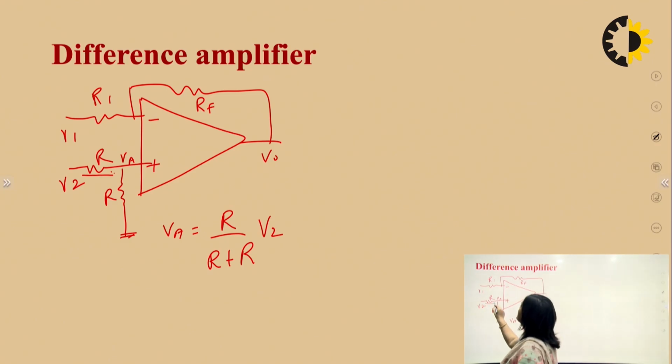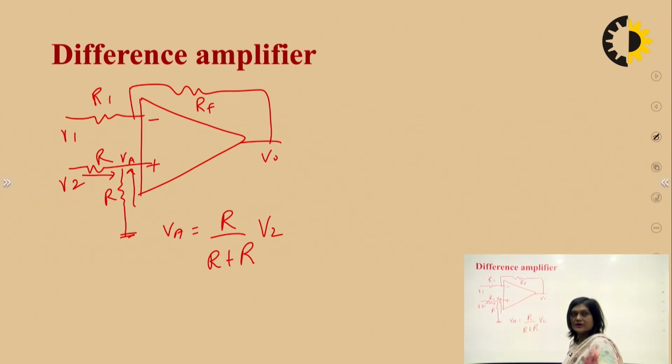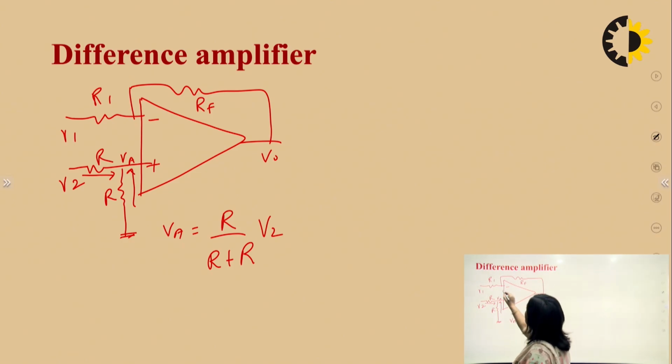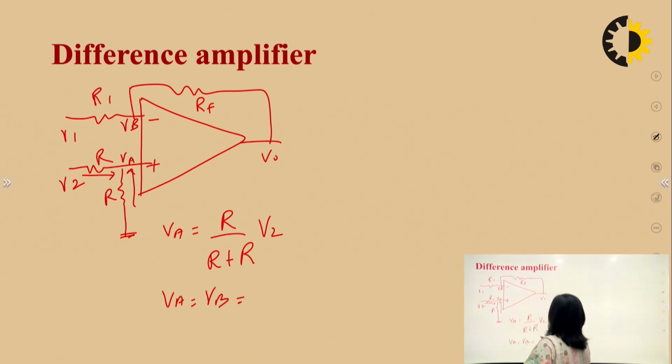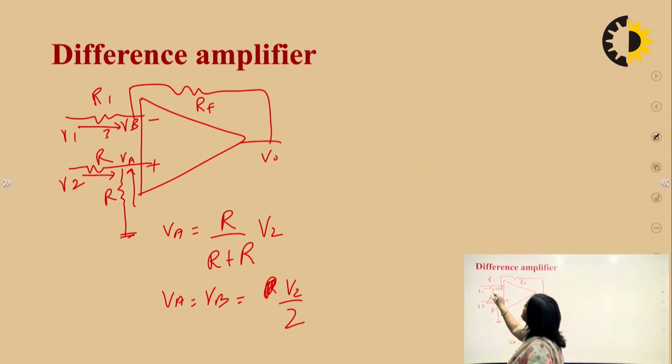We can apply KCL here: the sum of all incoming currents at this point will be 0. So we can find the value of VA in this way. Now this VA would be equal to VB, so VB will also be V2 by 2. An ideal op amp does not draw any current, that's why I1 is equal to IF.